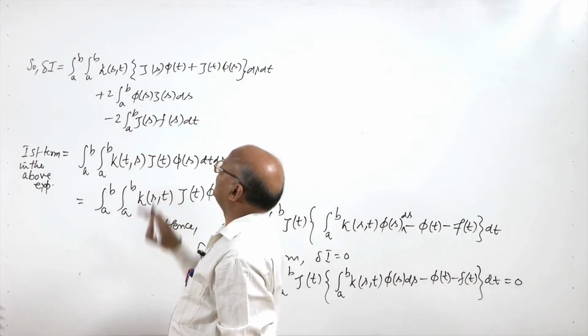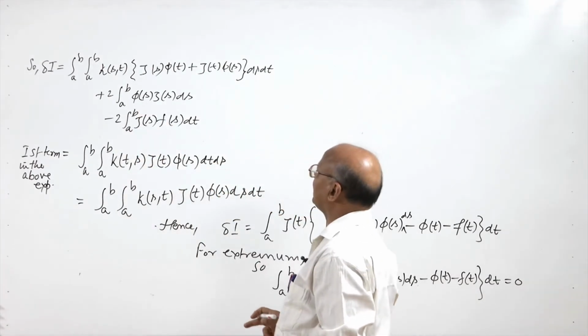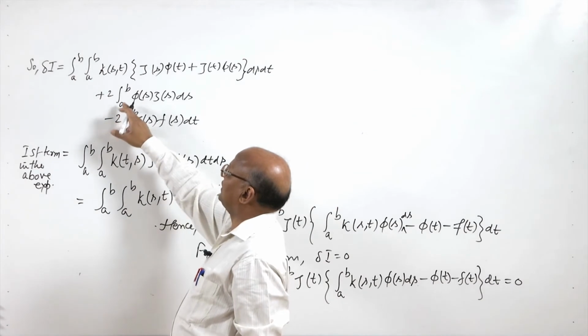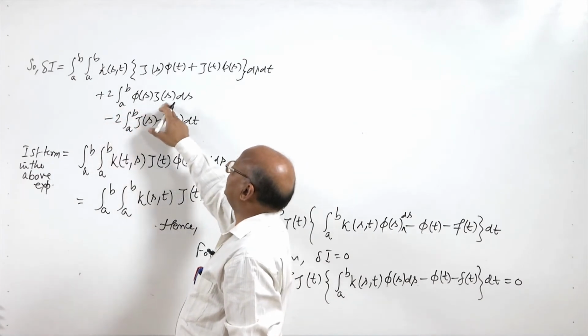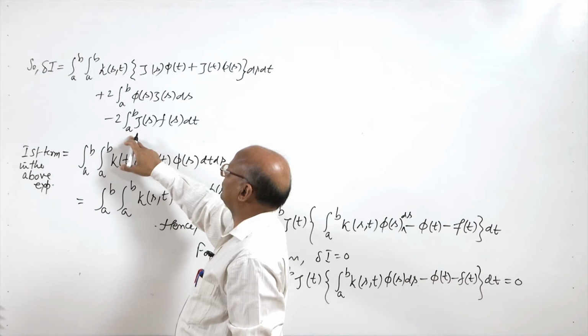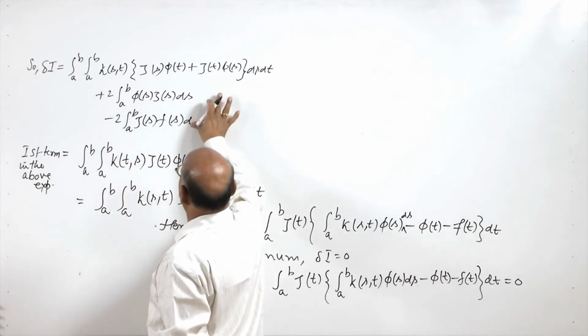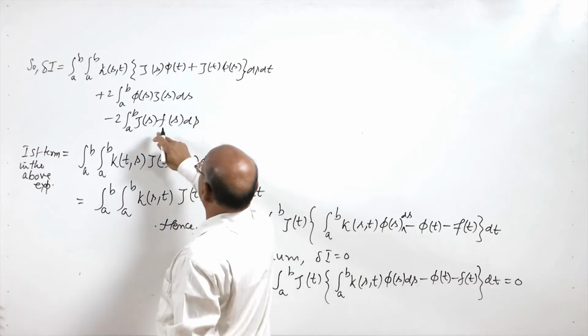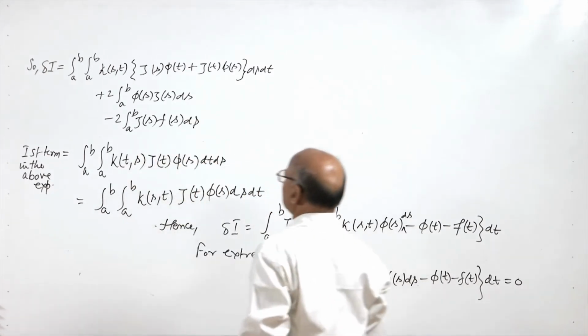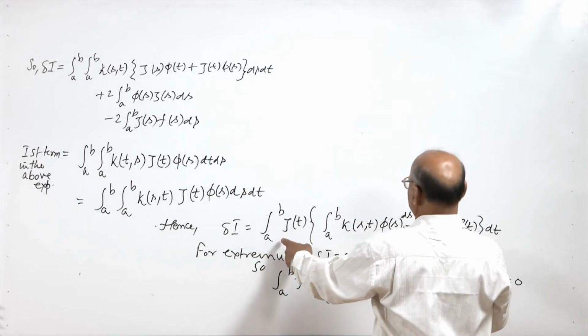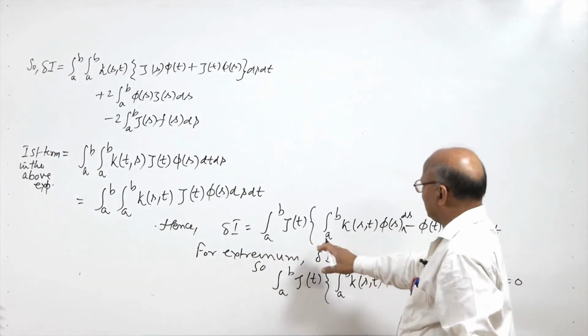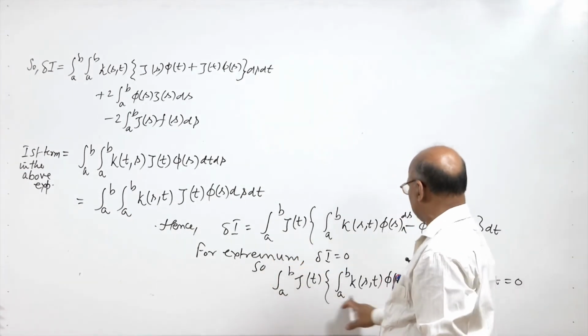We can change the variable of integration from s to t. So this will become 2 times integral a to b phi(t) zeta(t) dt, and this is minus 2 times integral a to b zeta(t) f(t) dt. So that quantity we have written in this form. Now for an extremum delta I is equal to 0, so we get this.